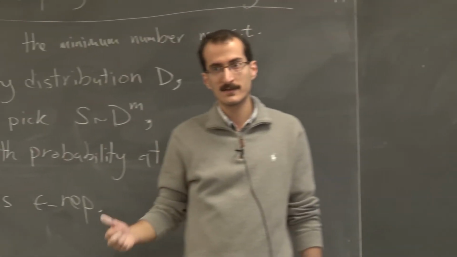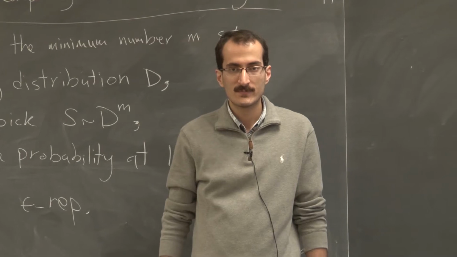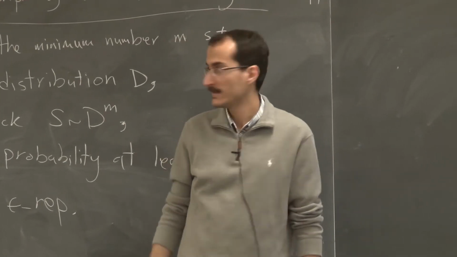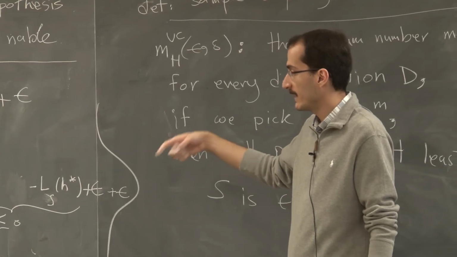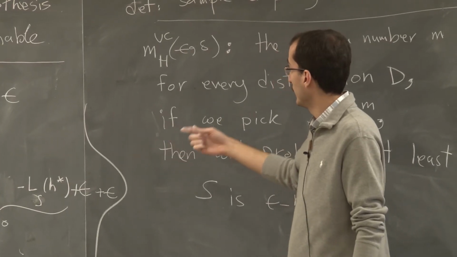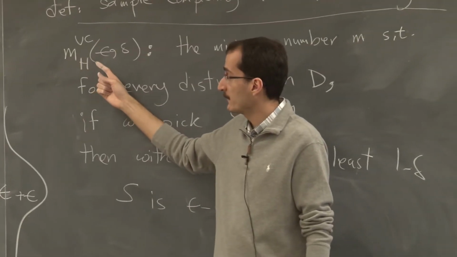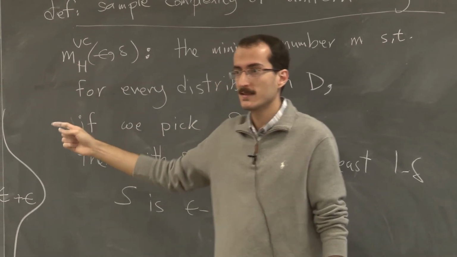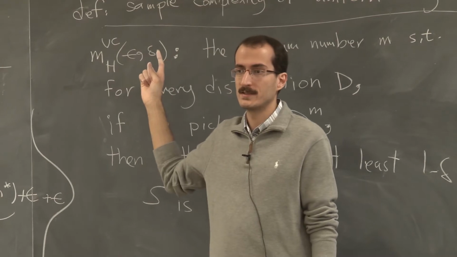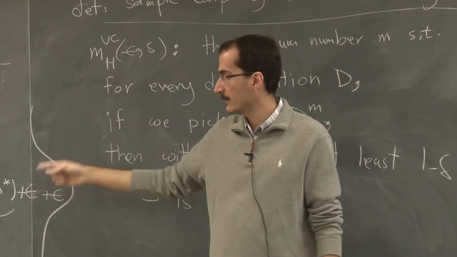Also, there is another difference. Based on this lemma, we can somehow say that if we have uniform convergence, then we have agnostic learning, because if we have uniform convergence, then ERM will work.